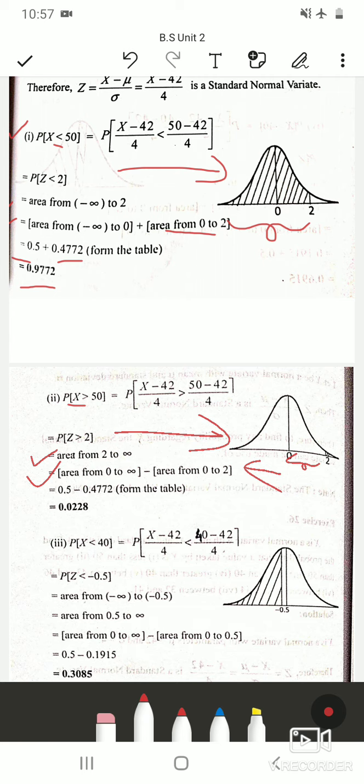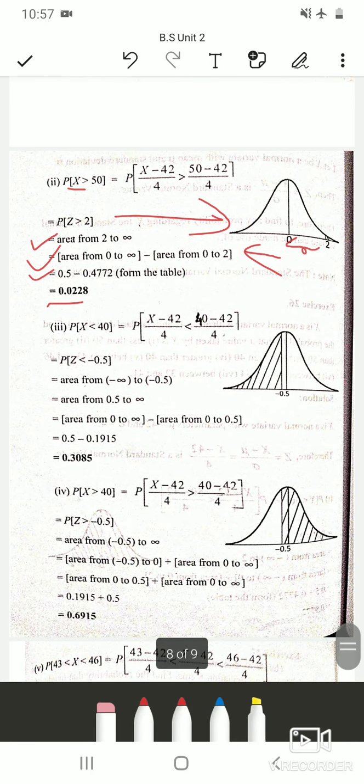The area from 0 to infinity is 0.5, we know that, and the area from 0 to 2 is also known, which is 0.4772. So the area will be 0.0228, or the probability of x greater than 50 equals 0.0228.